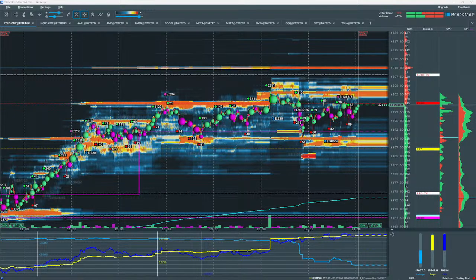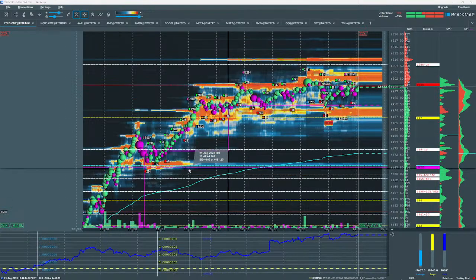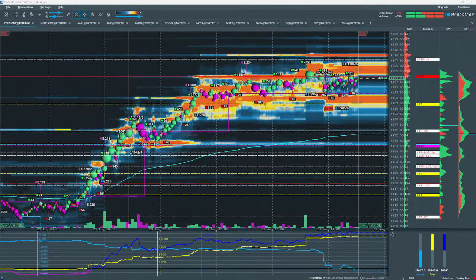So generally, I assume that if a level is tested from above, so price moves down to a level, I assume, but don't act on it immediately, I assume that level will act as support, and then I'm watching order flow to confirm that.